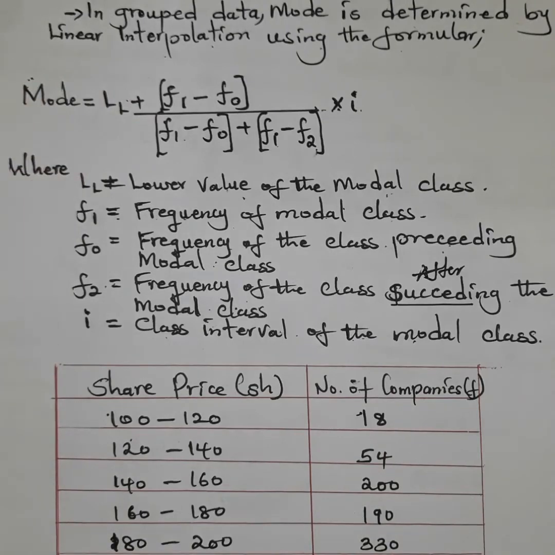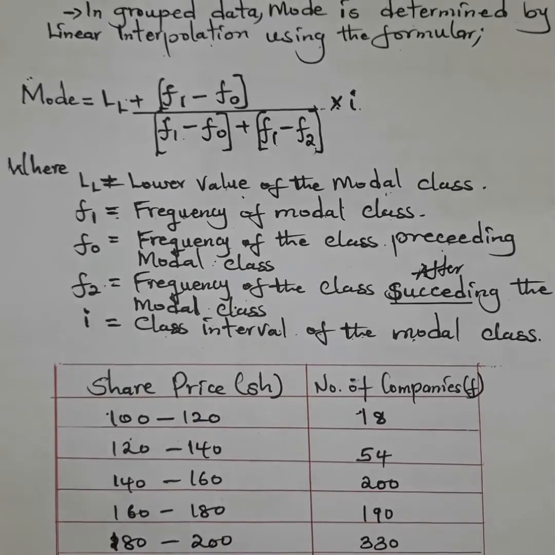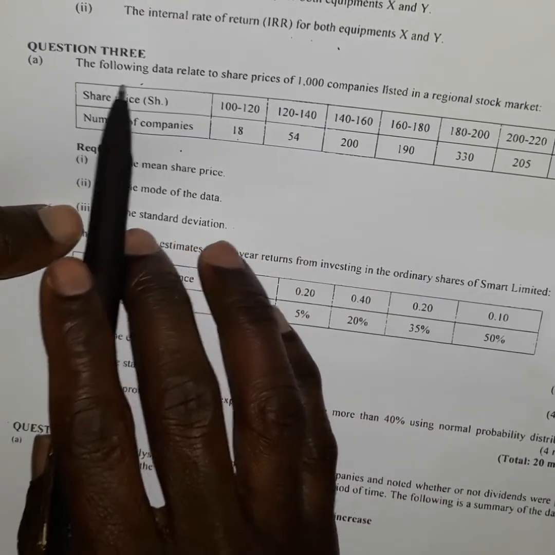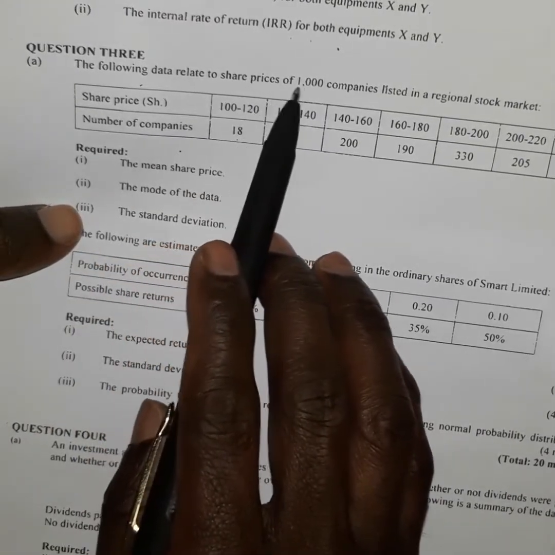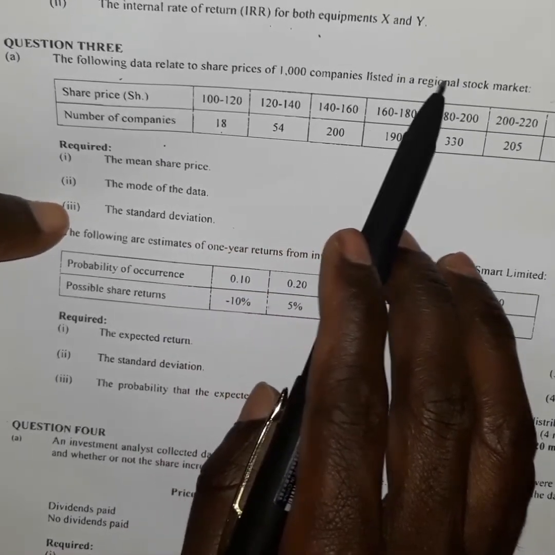Most importantly, from the question, for example, the following data shows share prices of 1,000 companies listed in the regional stock market.